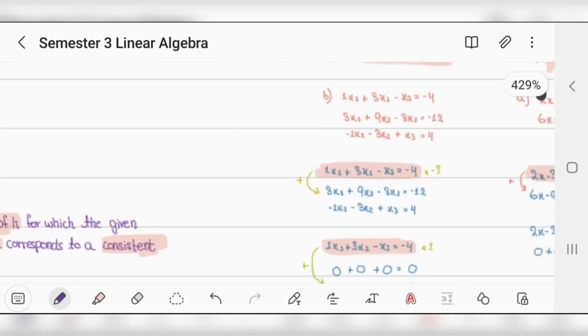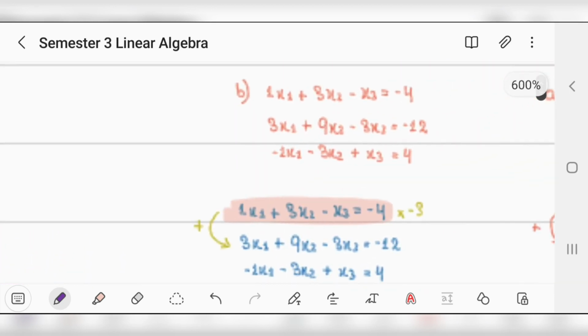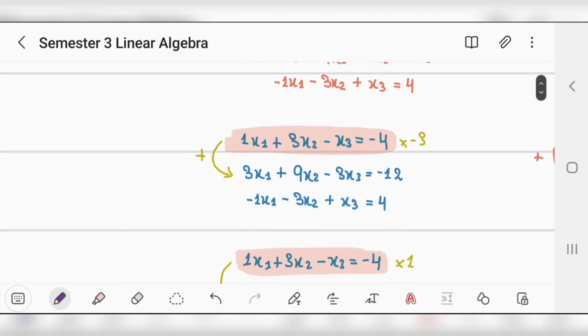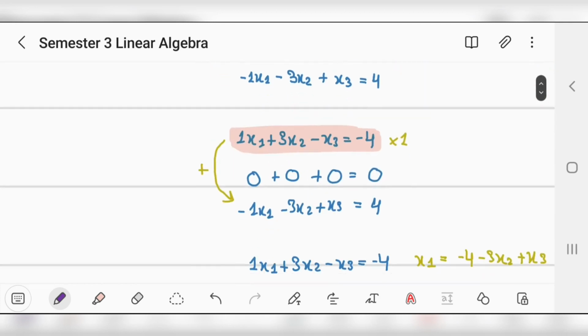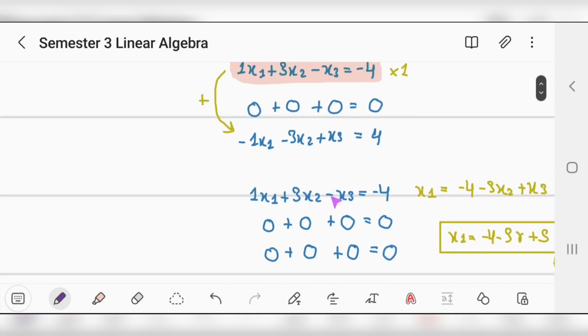Same thing I have done in here as well. I have converted this in a form of matrices, and then I try to do the operations which make it 0, and also make this one 0 as well. So having two 0 rows tells us that this is infinitely many solutions.